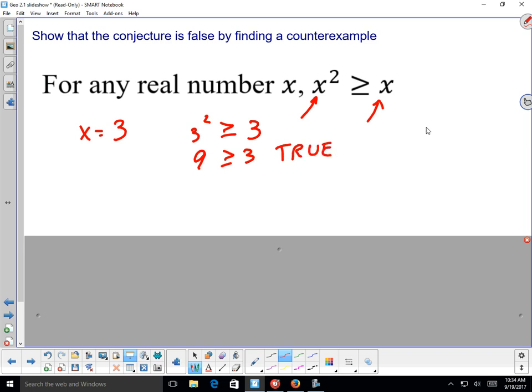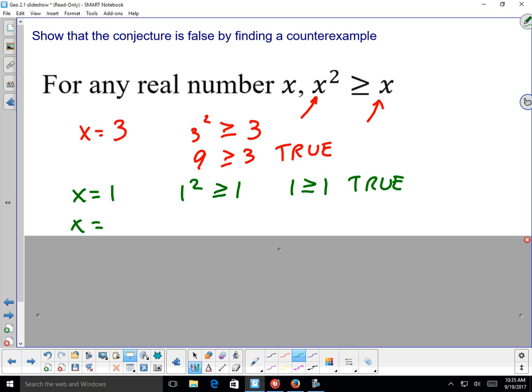Let's try another example. What about if we choose x equals 1? Then I'd have 1 squared is greater than or equal to 1, but that's the same as saying 1 is greater than or equal to 1, and that's true. So that's not a counterexample. What if I try a negative number?